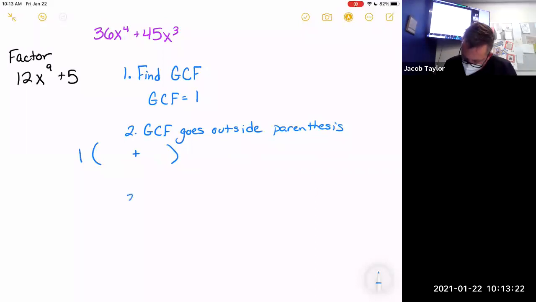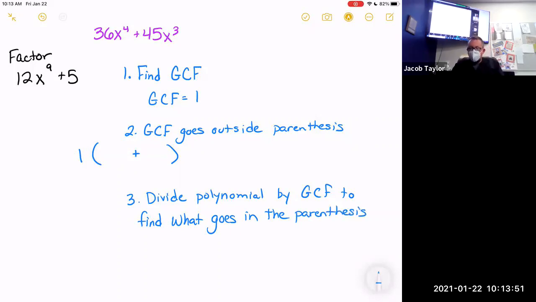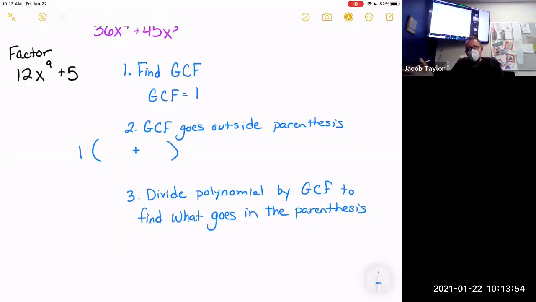Very good, Pedro. So step 3 is going to be divide the polynomial by the greatest common factor to find what goes in the parentheses. So my greatest common factor is 1. That's going to be really easy to divide by.